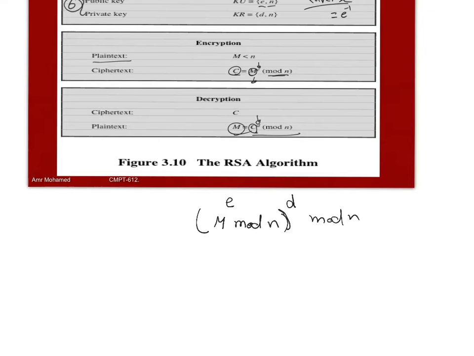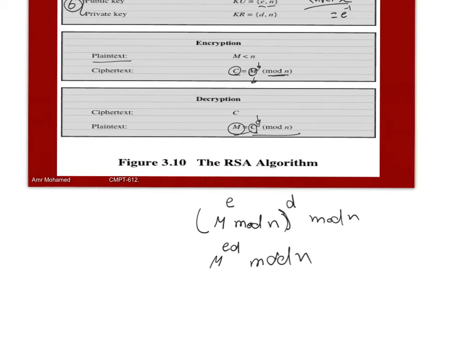How can we get this? Using the multiplicative property, we can bring the d inside and take the mod outside. So it becomes m to the power ed mod n.